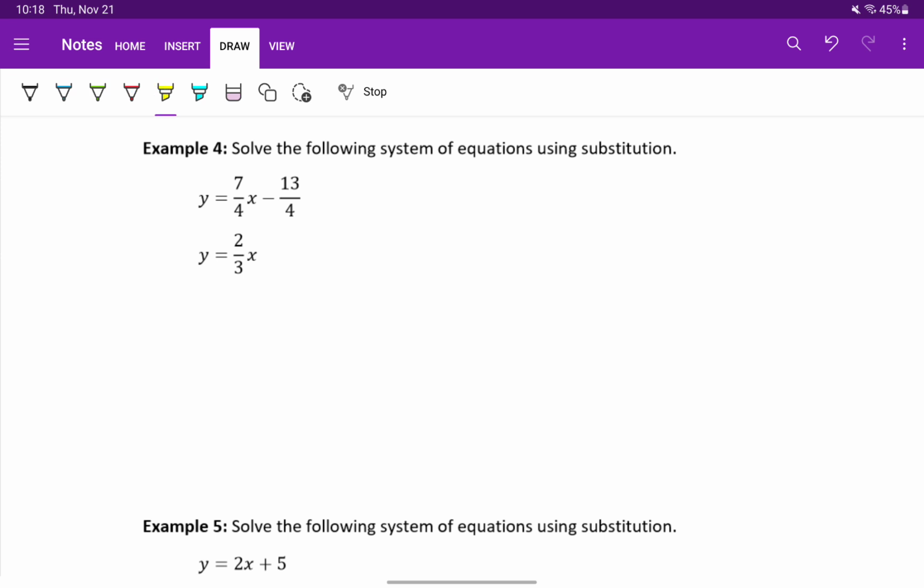We'll use the same approach in example 4. We'll take this expression that we have in equation 1 and substitute that in for our y variable in equation 2. That will give us 7/4 x minus 13/4 is equal to 2/3 x.